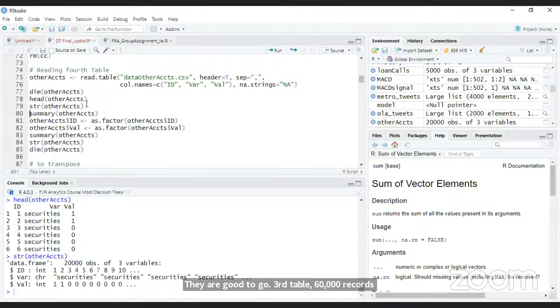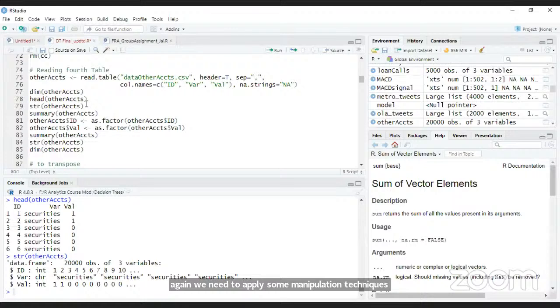Columns are fine, but number of records is very difficult. We cannot straight away merge them. The fourth table has 20,000 records. Again, when compared to 5,000 records, it is almost four times, which is difficult to merge. Again, we need to apply some manipulation techniques.